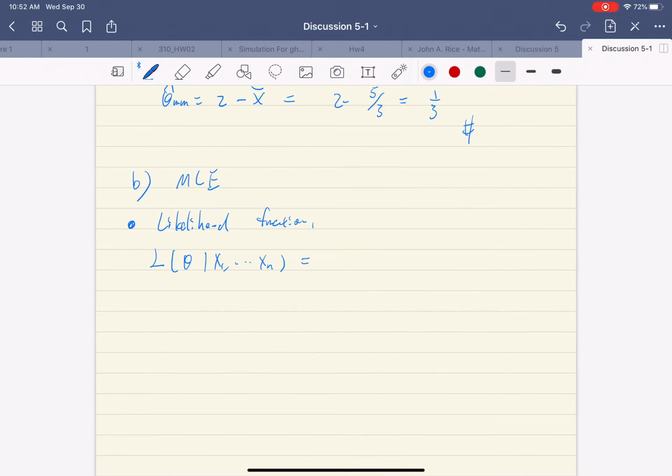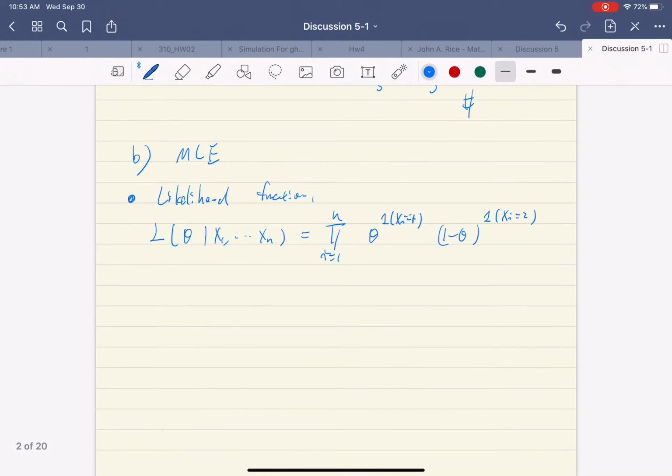This is equal to the product of the densities, and here is the PMF. The PMF can be written as theta to the power of the indicator function of Si equal to 1, and 1 minus theta to the power of the indicator function of Si equal to 2. Okay, so we can do some algebra, and it will look like this, with the summation of the indicator function of Si equal to 2.